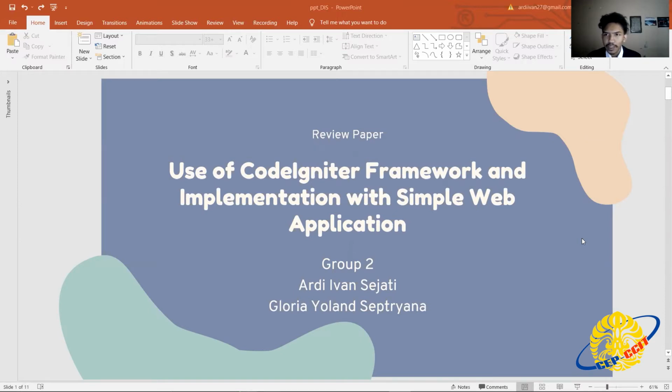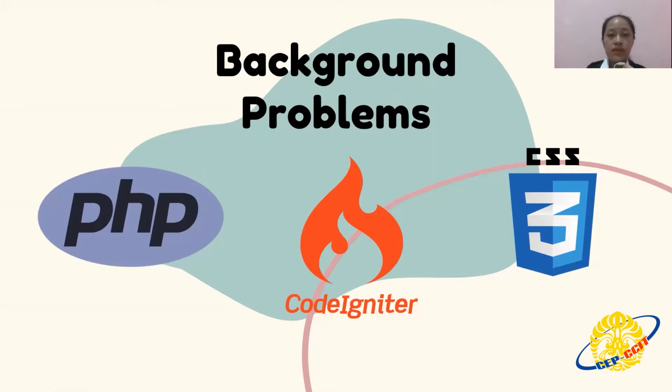Background explanation. Now I'm Gloria, and I will explain the background problems of the paper that we review. The development of technology makes people tend to use programming languages for technology development. In using a programming language like PHP, programmers tend to use frameworks and also CSS, or Cascading Style Sheets, that are already available in the programming language.